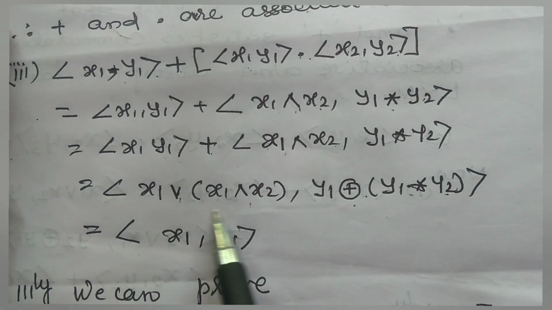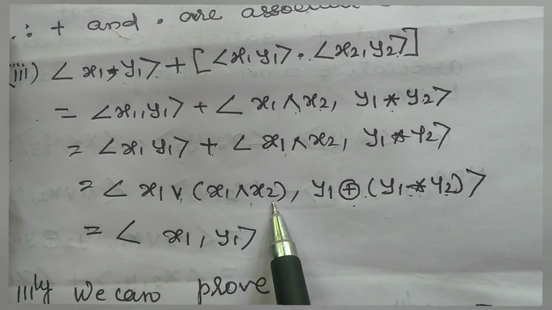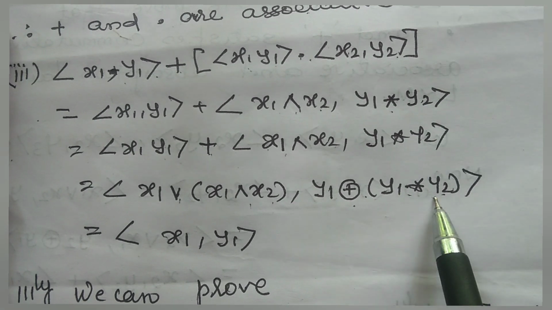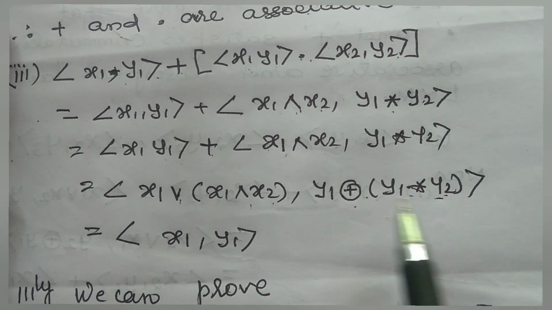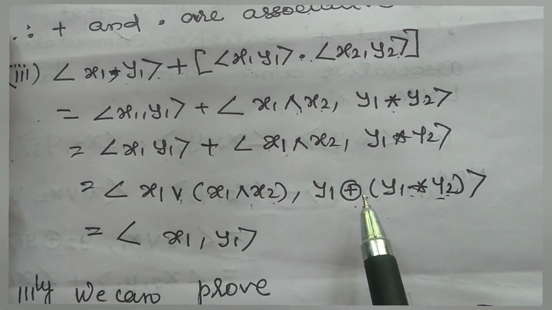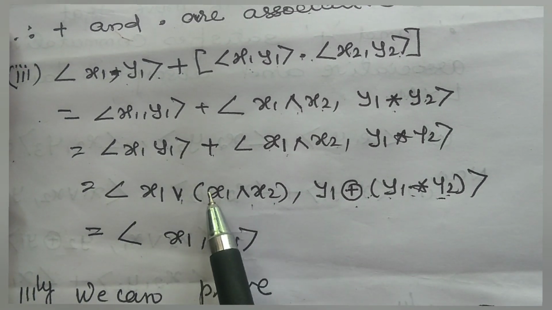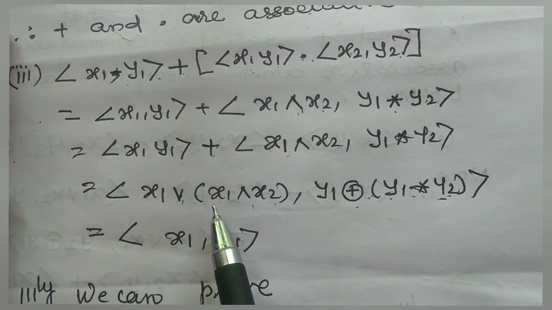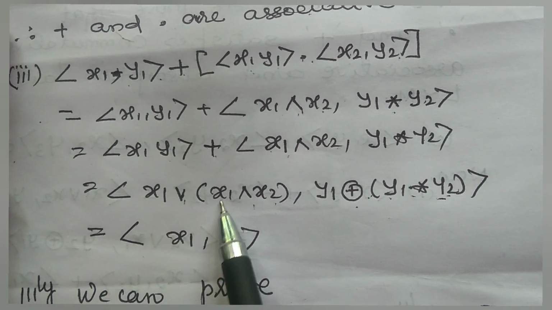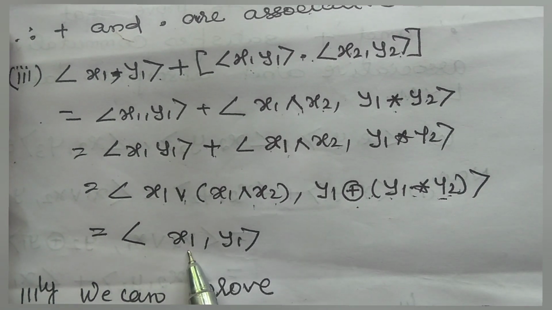Since x1 or x1 and x2, and y1 plus y1 star y2 belong to lattices, this belongs to L and this belongs to M, and L and M are lattices, which satisfy the absorption condition. Here the repeated one is x1 only, so that is your answer x1.